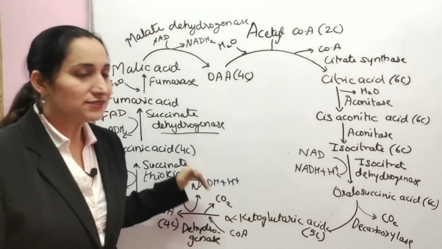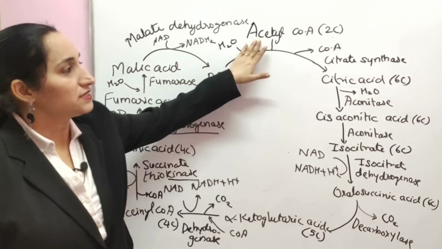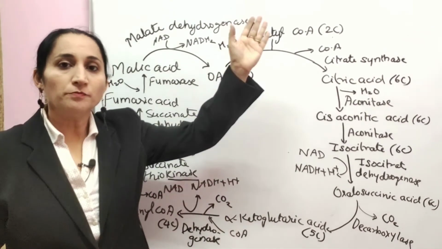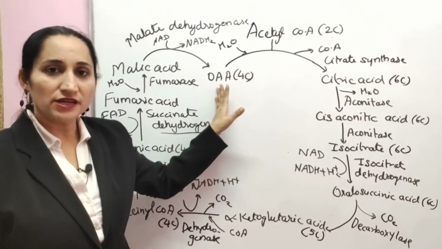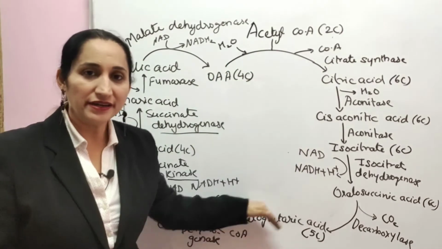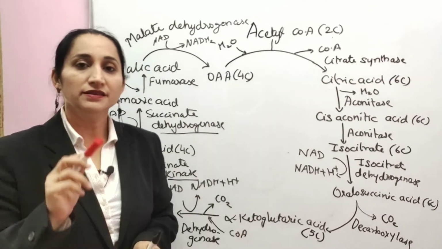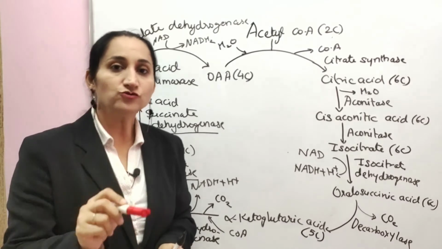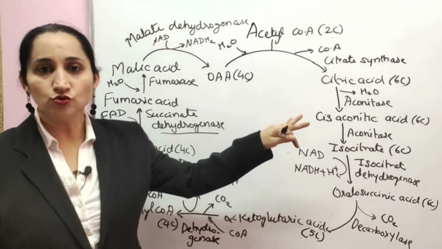So this is the Krebs cycle in which acetyl coenzyme A from the pyruvic acid oxidation step condenses with the oxaloacetic acid, and after many steps oxaloacetic acid is being regenerated. In this cycle you have to memorize all the enzymes that are being used.